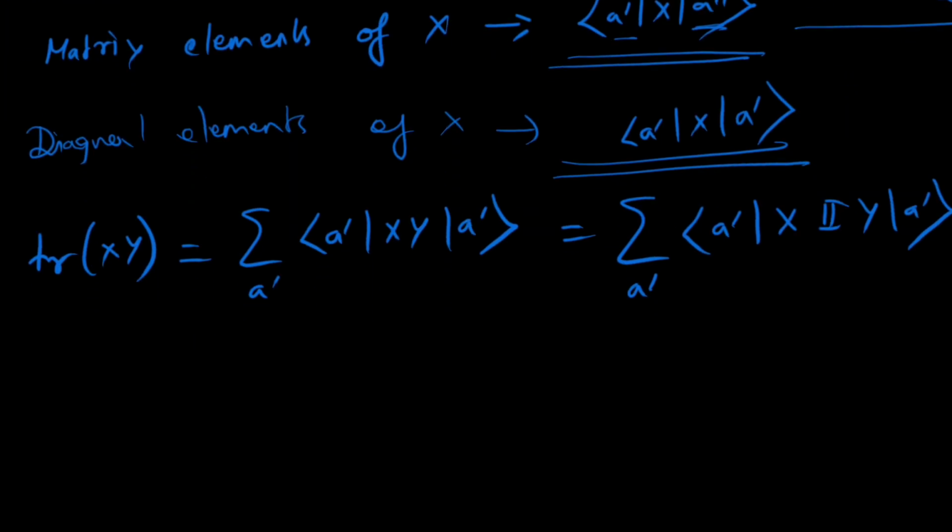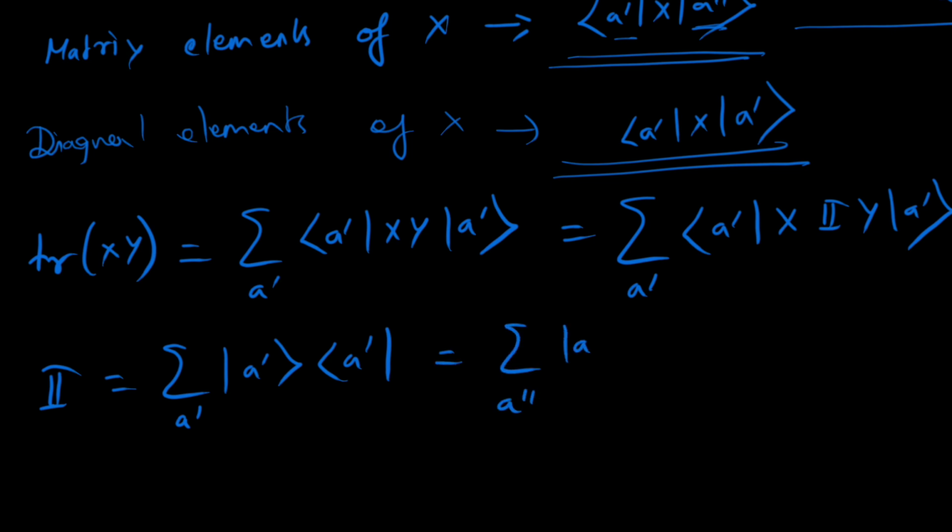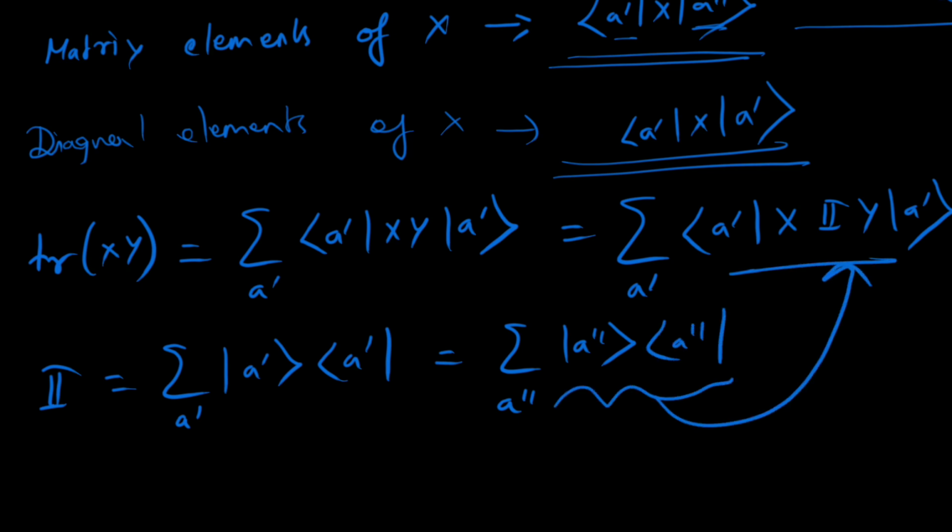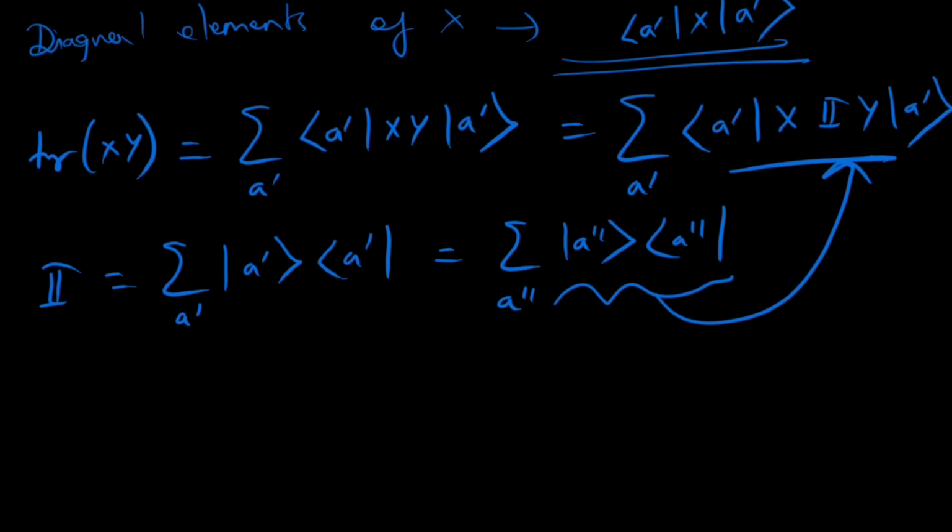Now we know that the identity operator is expressed as the summation of ket a prime, bra a prime. We can also change the index and write it as a double prime.